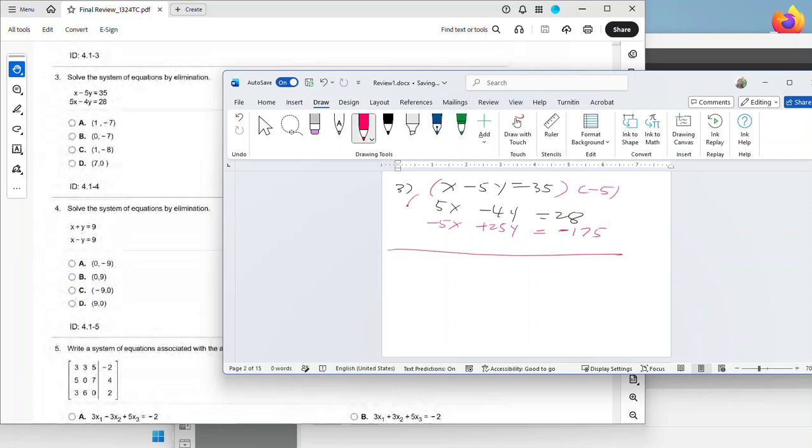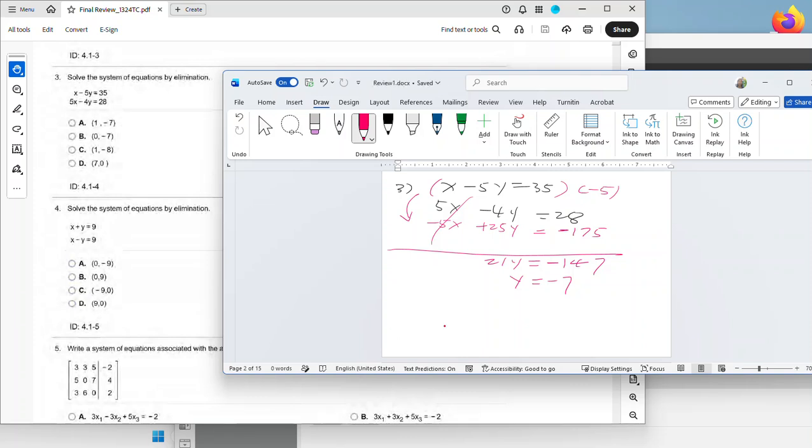So this first equation multiplied by negative 5, I get this new equation. Okay, and then I add these two together, so this will be cancelled out. And then this will be 21y equal to negative 147. Okay, and then you divide both sides by 21, so you got a negative 7. So you got exactly the same answer as we did using the substitution.